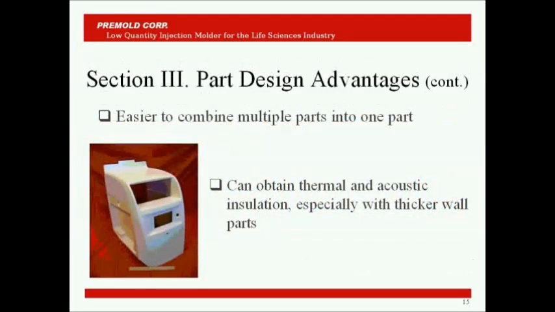And with the RIM process, multiple parts can easily be integrated into one part. This is particularly important for the life sciences industry, where large enclosures with complex geometries are common. The picture on this slide illustrates a large cover that was originally designed as 4 separate parts: 2 sides, a top panel, and a front panel.